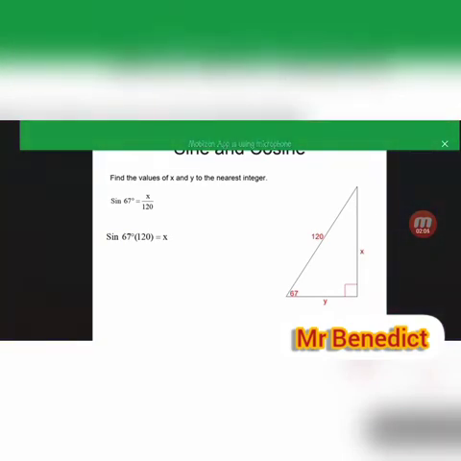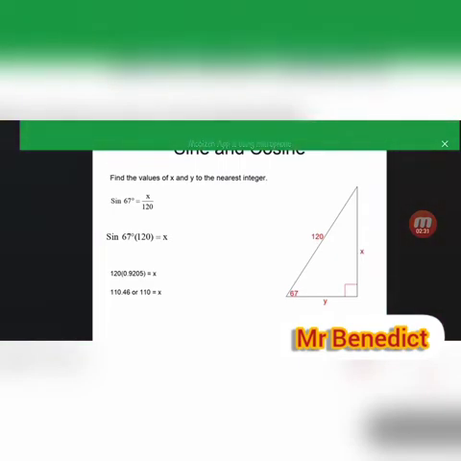You check your calculator to find what sine 67 is, and multiply it by 120. Sine 67 gives you 0.9205, and multiplying that by 120 gives the answer, 110.46, which is about 110.